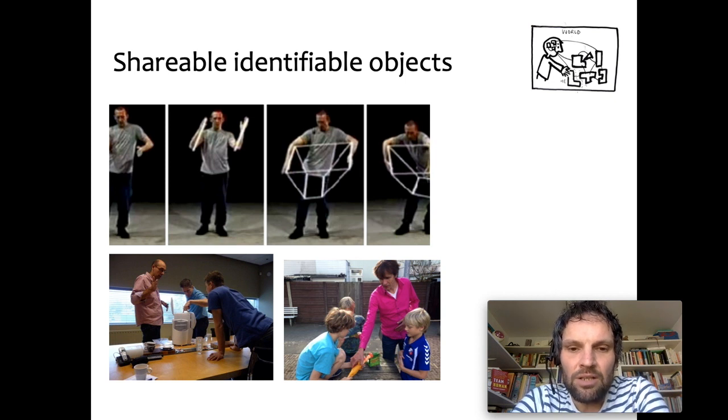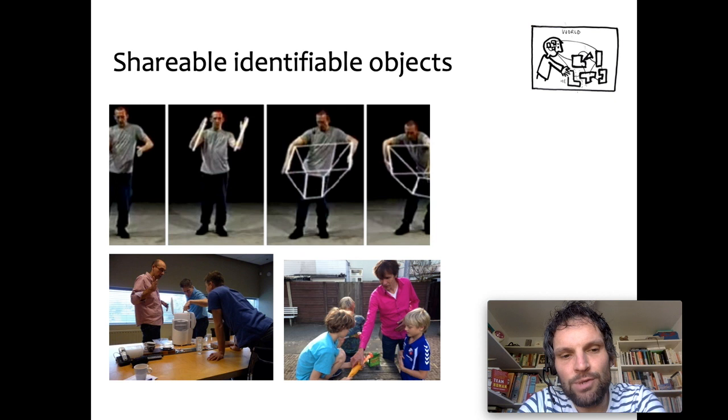And I've seen this a lot in my own research. For example, on the bottom left, you see 3 designers talking about a project for a water cooler system from a big design company in the Netherlands. And I've been observing these conversations. The funny thing is that you would think that they were talking actually about the water cooler, and they do in some way, but they are also talking about all kinds of other stuff like the politics of the project and the power play and so on.